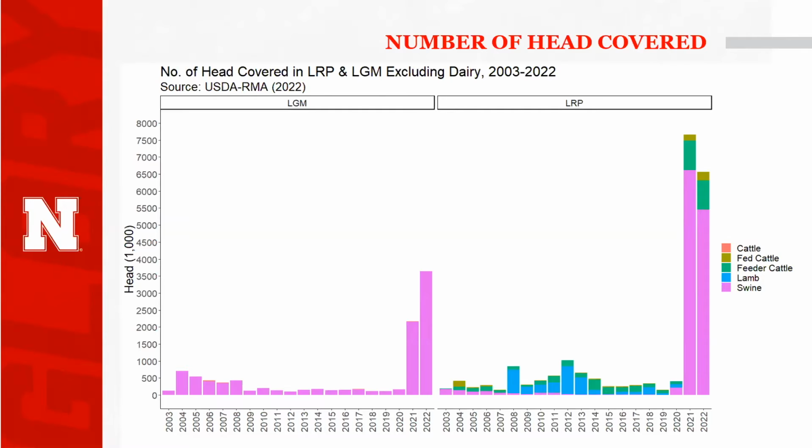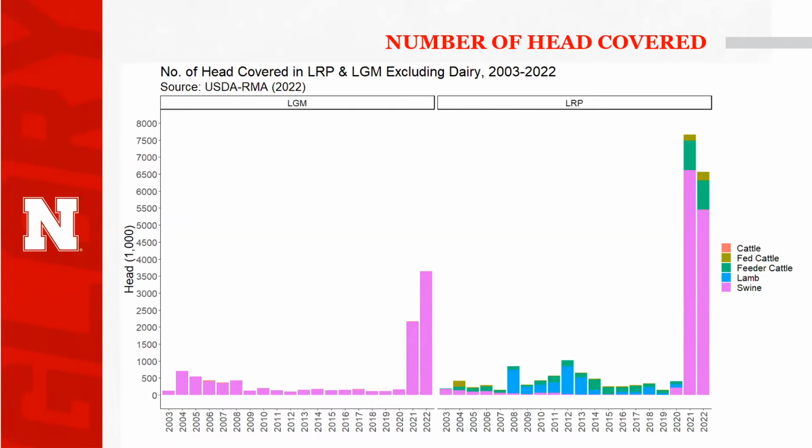And part of that had to do with the subsidy level. From 2013 to 2018, subsidy levels, or what the government was willing to pay of your premium, was about 13%. In 18 and 19 and 20, the federal government took actions to increase the subsidy levels.